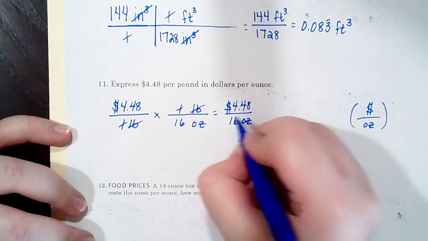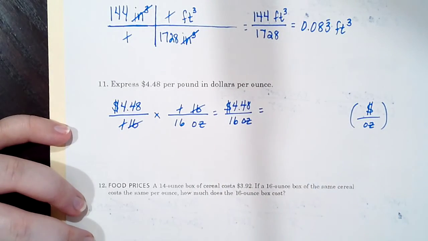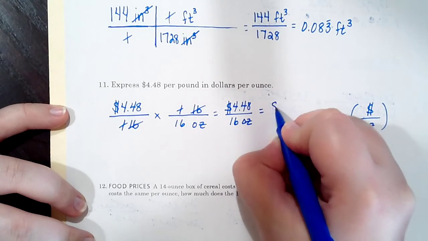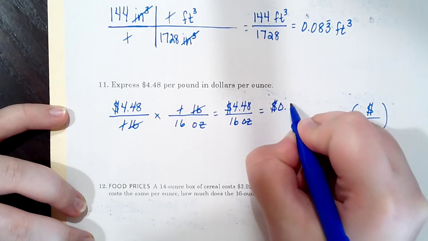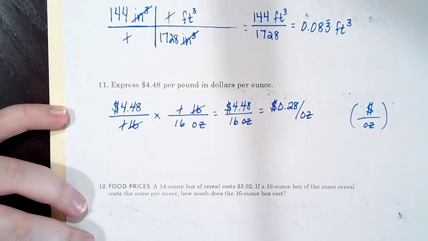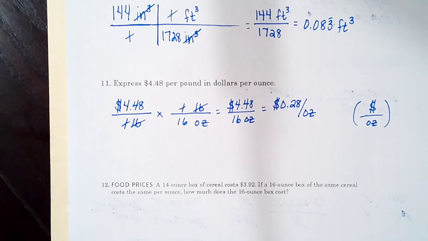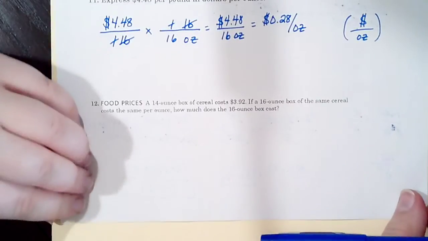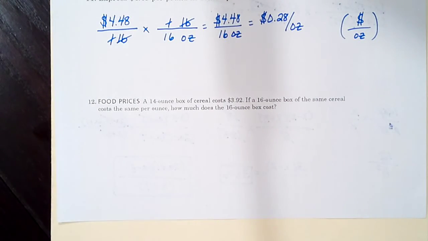Now I just have to do the math behind it. 448 divided by 16 ends up being approximately 28 cents or $0.28 per ounce, just like that. All right, if you didn't try that example on your own, I really would like you to pause the video and try the next one on your own, and then you can come on back and check that one out.